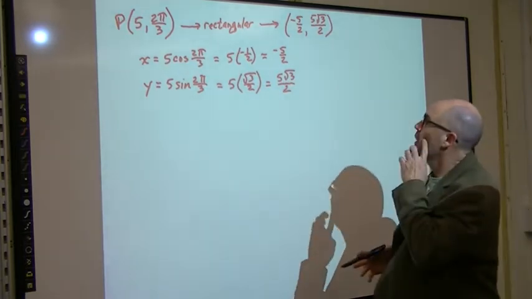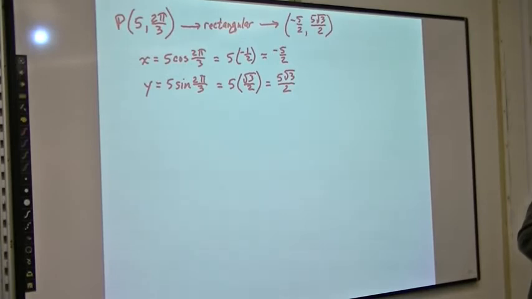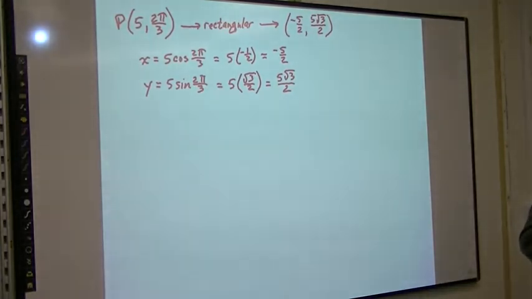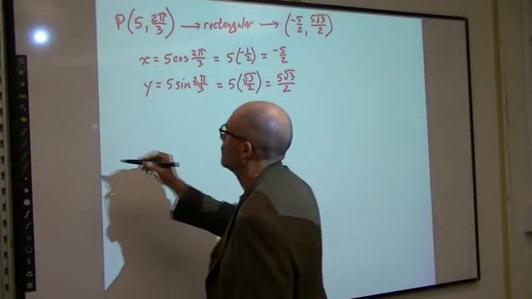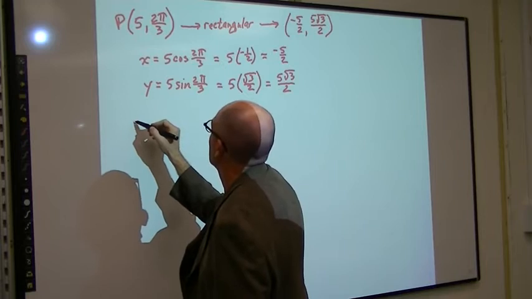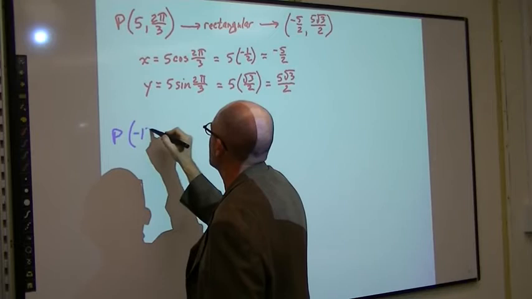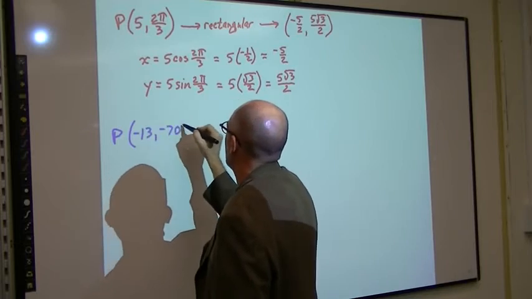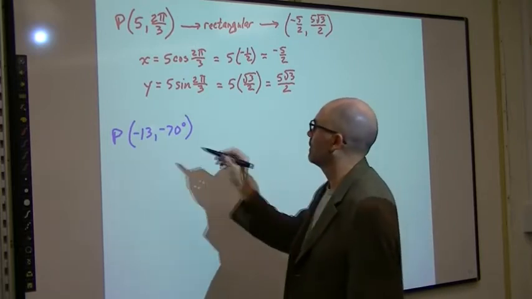Okay. So now, let's say we have a point negative 13, negative 70 degrees. We do the exact same thing.